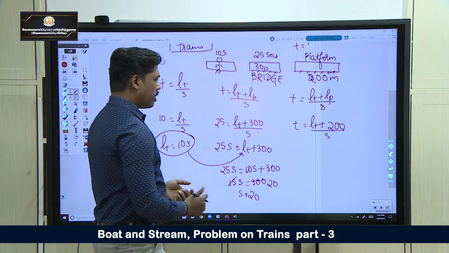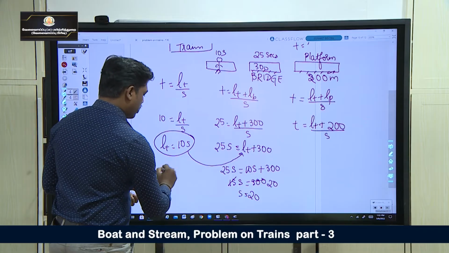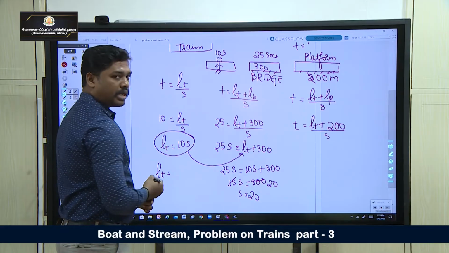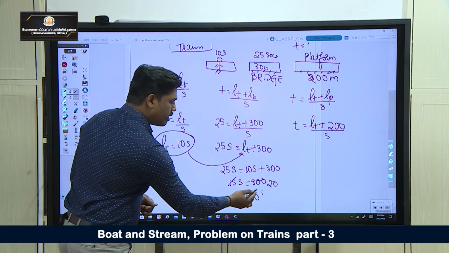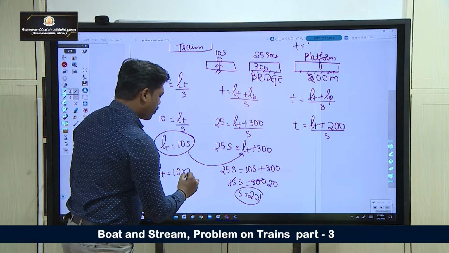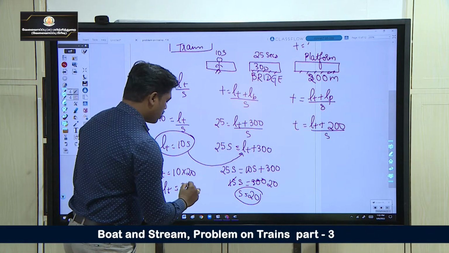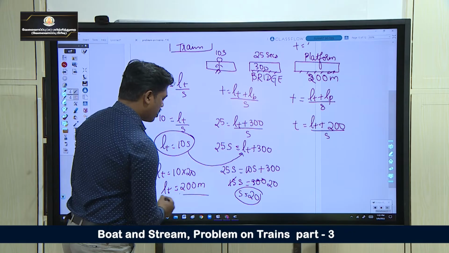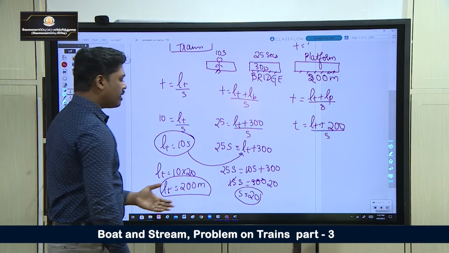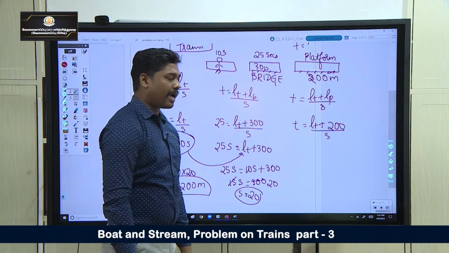Okay. Now with this we can find the length of train. Length of train is 10 into s. What is s here? Speed is 20. So just substitute here. 10 into 20, so length of train is 200 meter. We have found length of train as well as speed of train. Just substitute here and you will get the time taken.